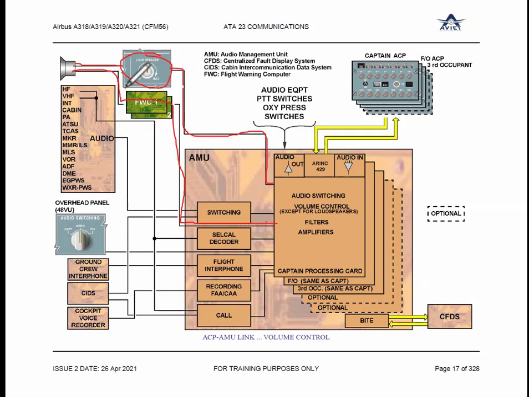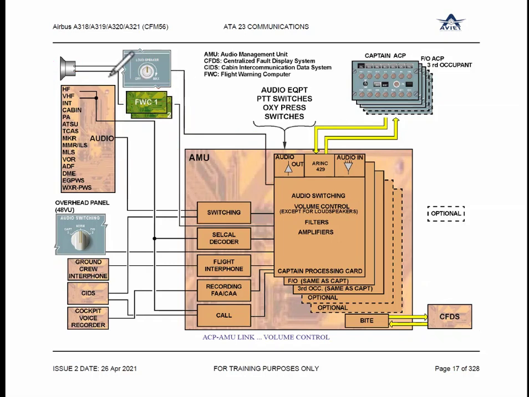If you perform your TCAS test, if you perform your wind shear test, you switch off both side loudspeakers, but still you will hear the sound, because this is not passing through the loudspeaker control. You got it, sir?